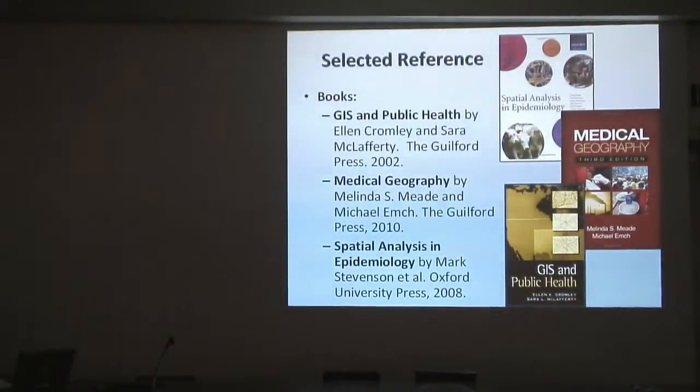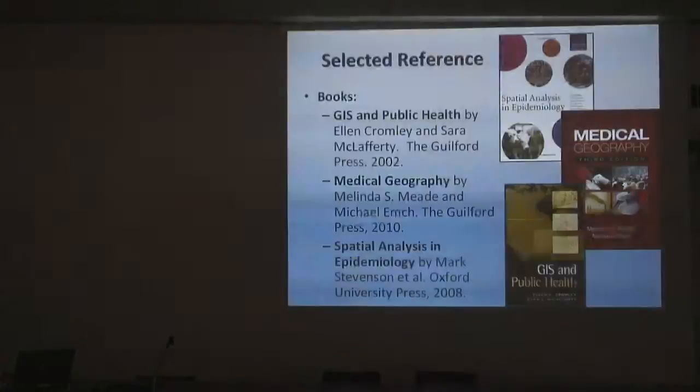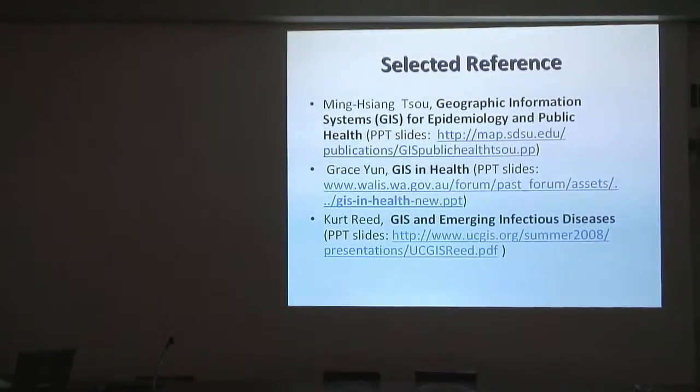And there is a selected reference. There are not a lot of books on GIS in public health epidemiology. These are the most eminent books. I used some computer presentation that I found on the internet on the Geographic Information Systems epidemiology.